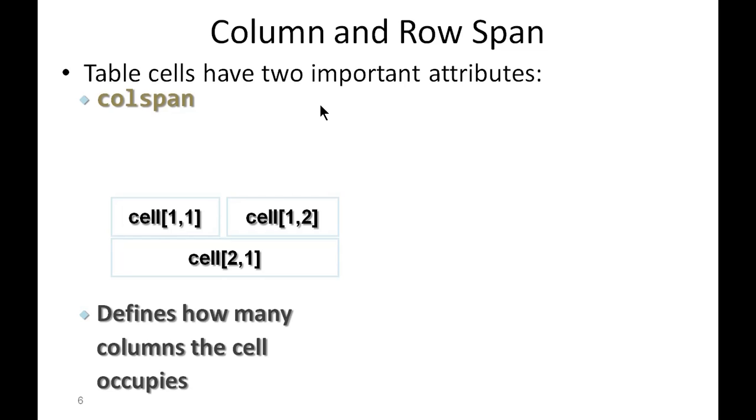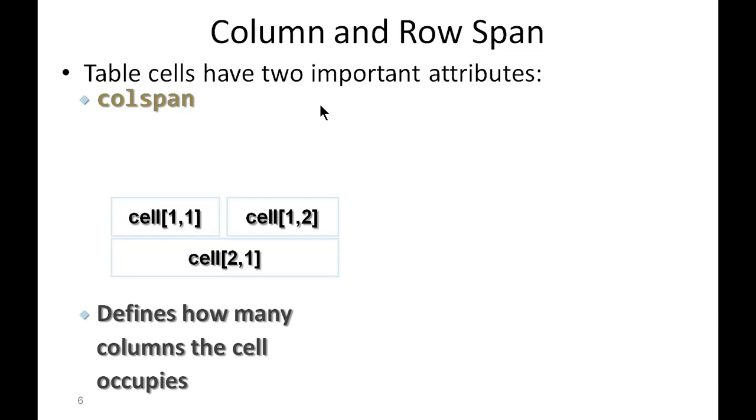You can see the example, I have drawn the diagram. First cell in square bracket 1 comma 1, one row and one column. Then second cell 1 comma 2, first row and second column. Then cell 2 1 is occupying second row and first column.